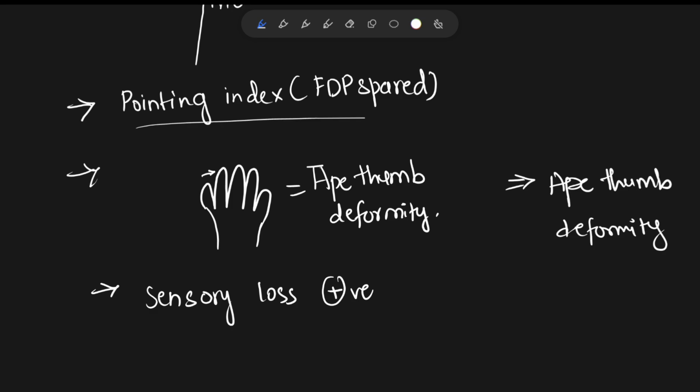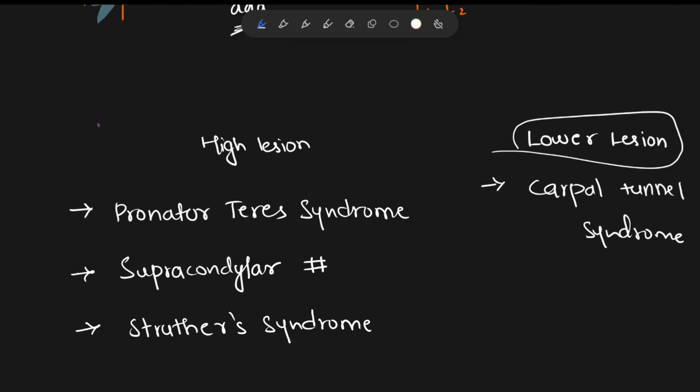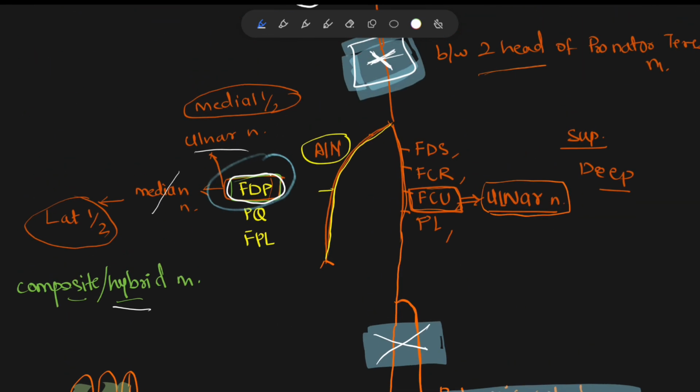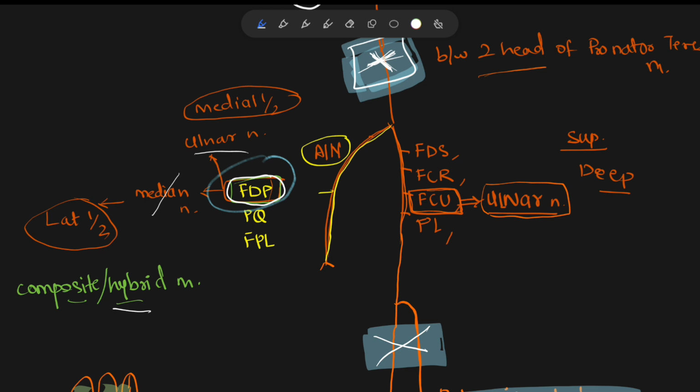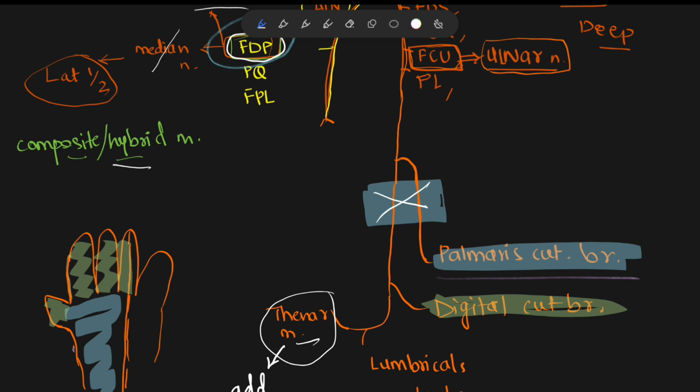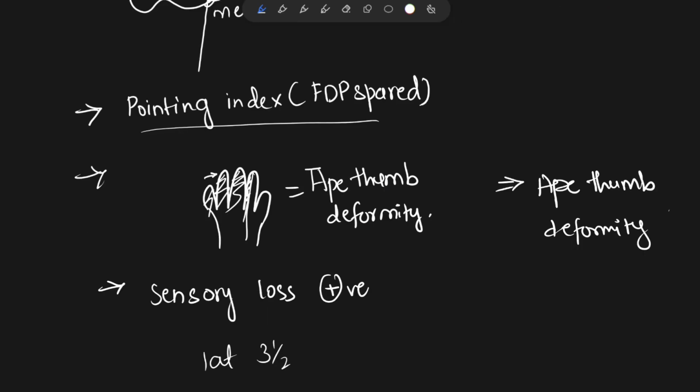Next, what about pointing index? Is FDP spared? Yes, FDP is already spared because it is supplied by the other nerve. Pointing index can't be seen over here because the lesion is not at the level of the high lesions.